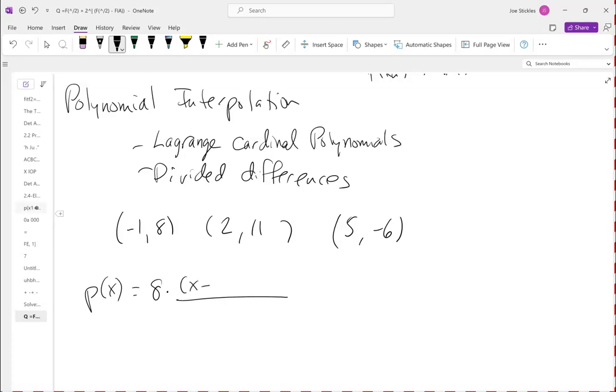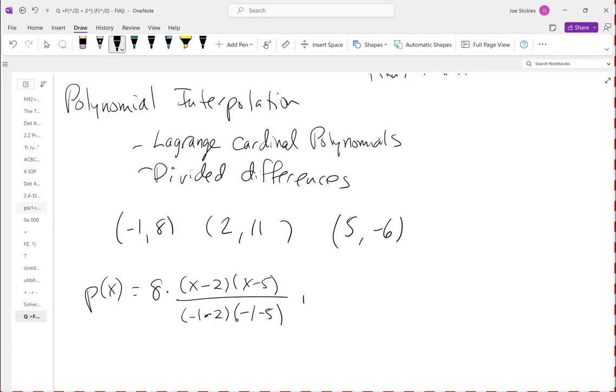So I would do x minus 2, x minus 5. That makes it 0 for the other 2. I want to make it 1 when I plug in -1, right? That's how we create that first term. Leave it. Don't simplify.